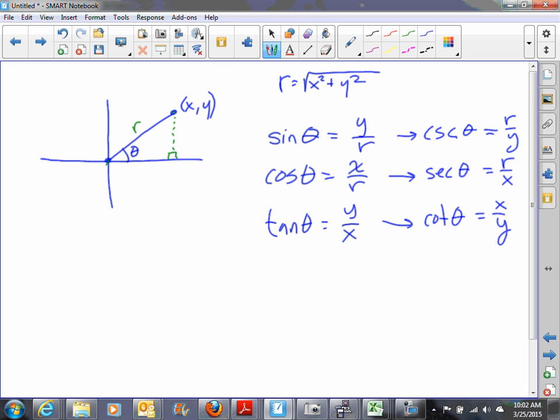Now, these are the general definitions of the trigonometric functions with an initial side of the angle on the positive x-axis and the terminal side of the angle being the hypotenuse of a right triangle. The thing that this does for us is when our angle is what we call a quadrantal angle.